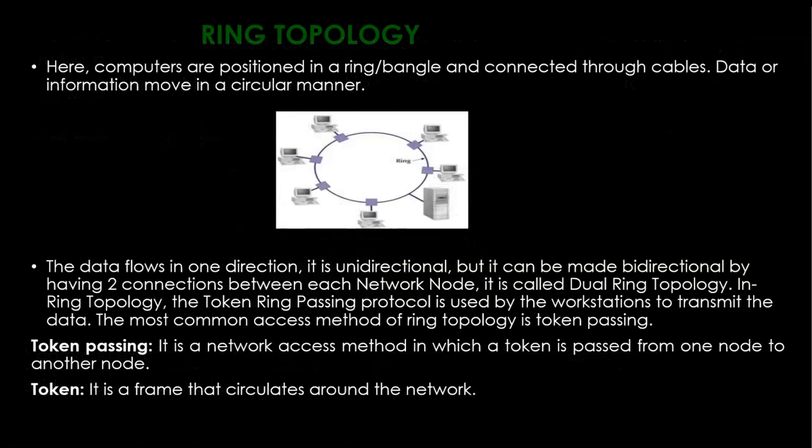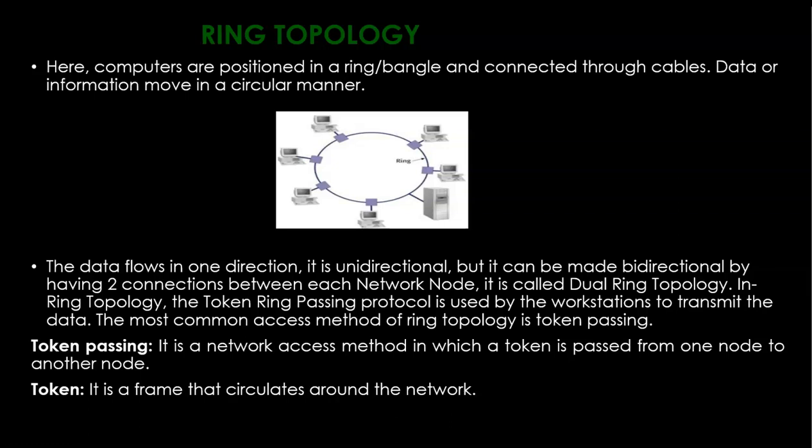Ring topology. Here, computers are positioned in a ring and connected through cables. Data or information moves in a circular manner. The data flows in one direction. It is unidirectional, but it can be made bidirectional by having two connections between each network node. It is called dual ring topology.